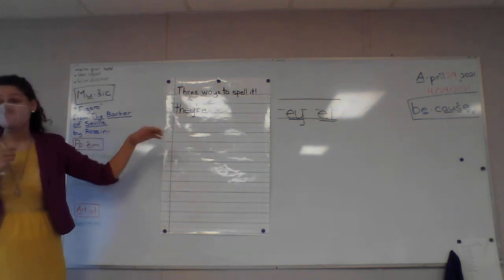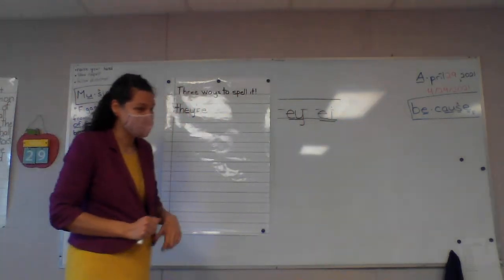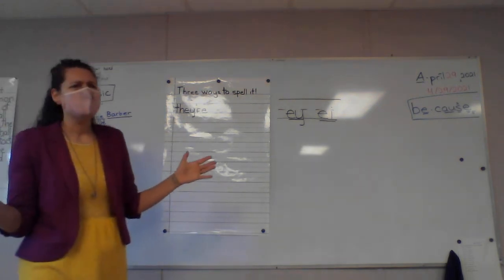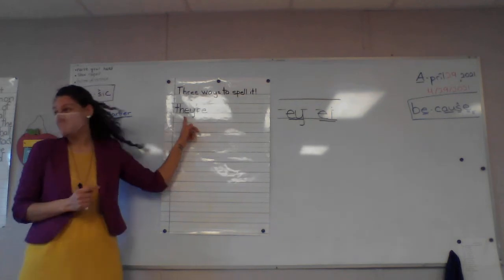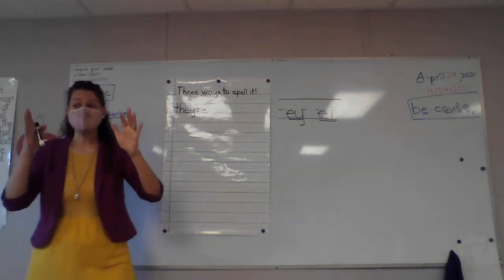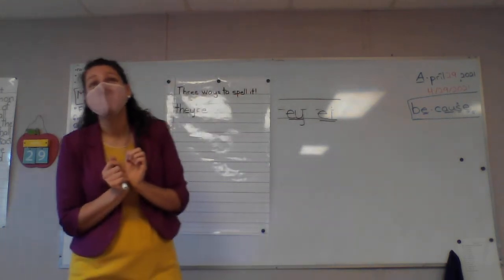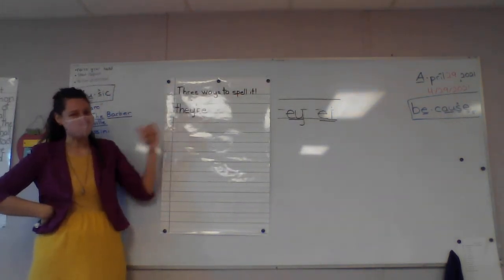That would be this one too, because that's shortening they are cute. All right. If I'm talking about my students and I'm saying they are doing so well, it would be this one too, because it's a shortened version of they are doing so well. They are showing virtue, right? It'd be the same thing. They're showing virtue.